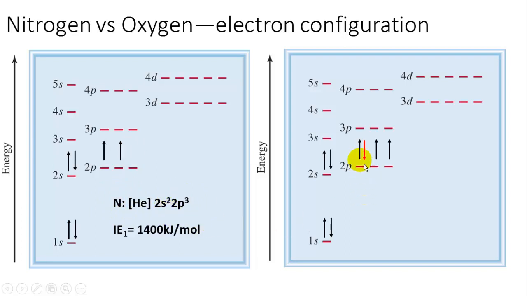Now contrast that with removing an electron here for oxygen, which has an electron configuration of 1s2, 2s2, 2p4. To make that electron disappear, you need an energy of 1340 kilojoules per mole, so about 60 kilojoules per mole less, and that's a violation of our trend going from left to right in the periodic table. We're actually going down in ionization energy going from nitrogen to oxygen.